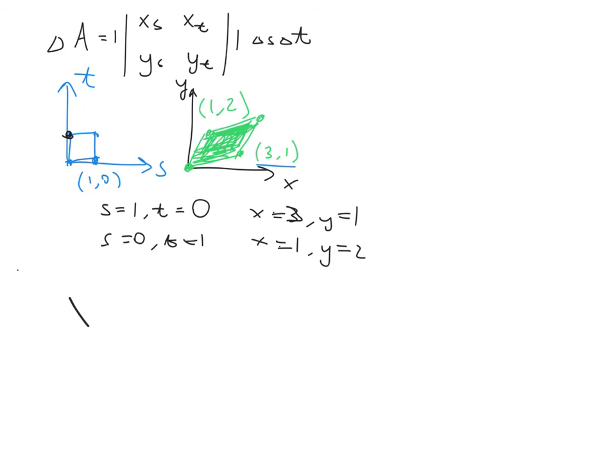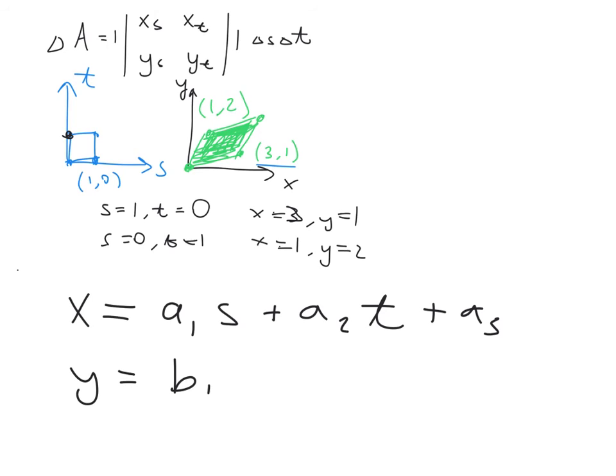Typically for a coordinate change of this type, very generally, x would be a number, let's say a1, times s plus a2 times t plus a3, some shift, and y would be b1 s plus b2 t plus some shift, b3.